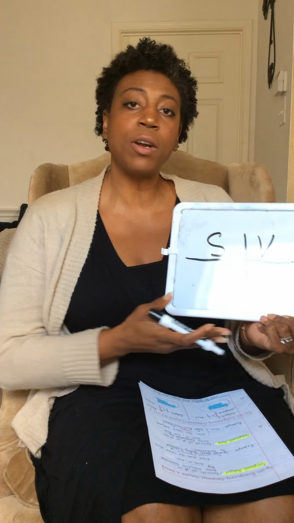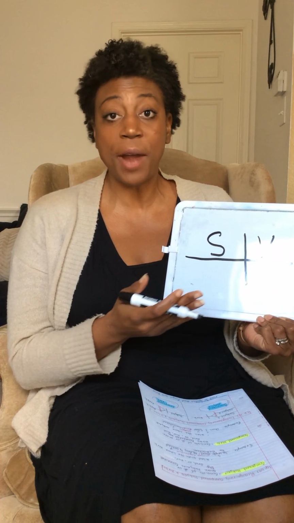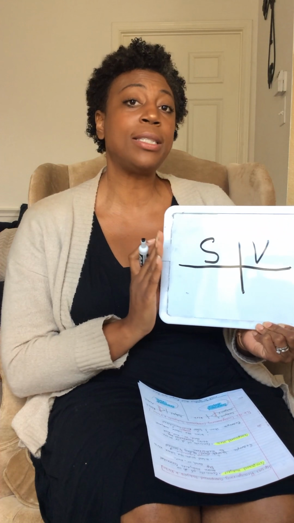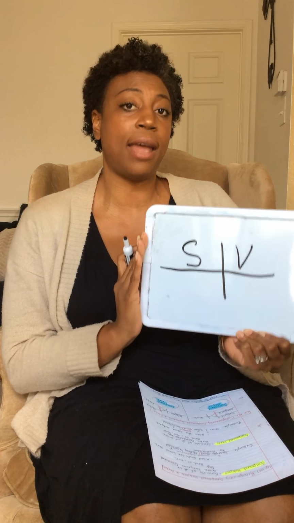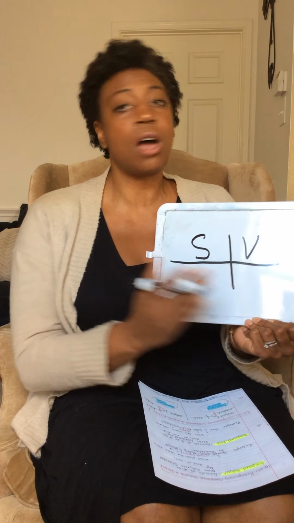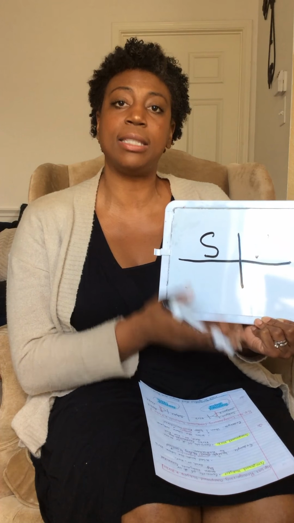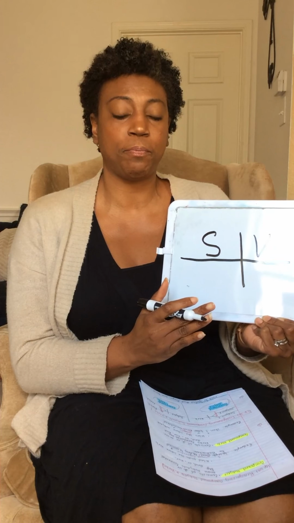And this is easily remembered by remembering your alphabet. S comes before V. And they're always done this way. This is the way that it is set up every single time. It is not interchangeable. You cannot reverse it. It must be set up like this. This is the standard way to set it up.